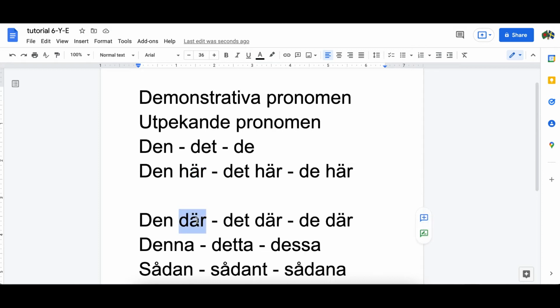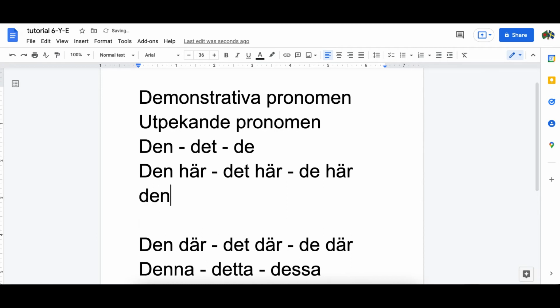There we use when it's not near. So for example, den här mobilen är bra. This mobile is good. Och det betyder att mobilen är nära oss. It's near to us.